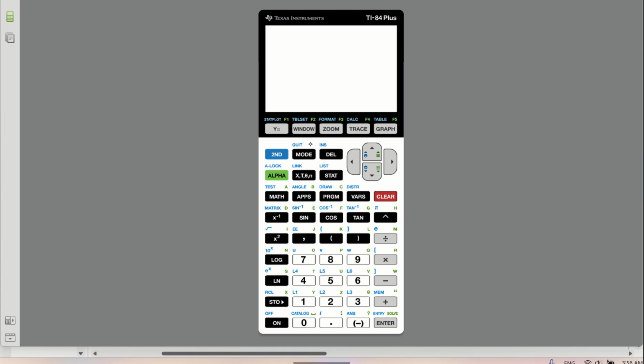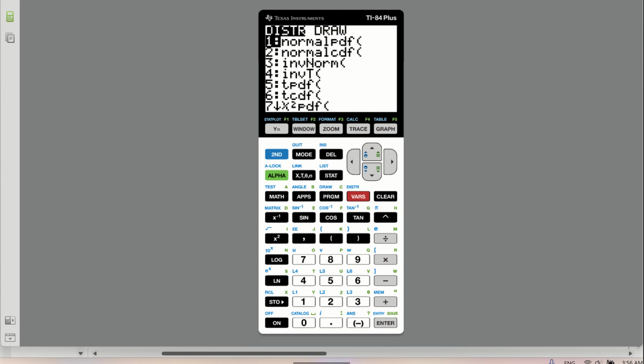All right, so let's do this on the calculator. Remember, you want to hit second vars and go to normal CDF. You really are not going to be using the normal PDF, you're really going to be using normal CDF.